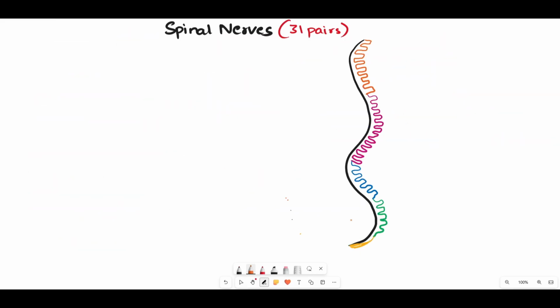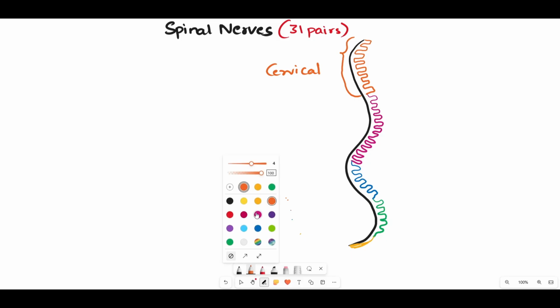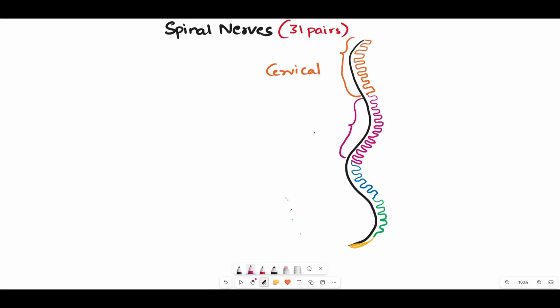Now, consider this as a spinal cord. Normally the spinal nerves will be 31 pairs. First, let's see its divisions. This orange colored part we will call the cervical vertebrae. This pink colored part we will call the thoracic vertebrae.